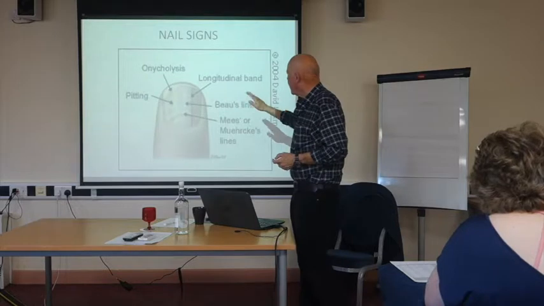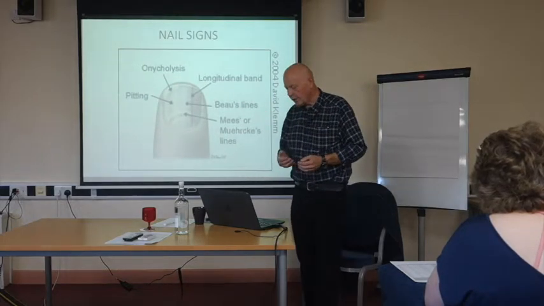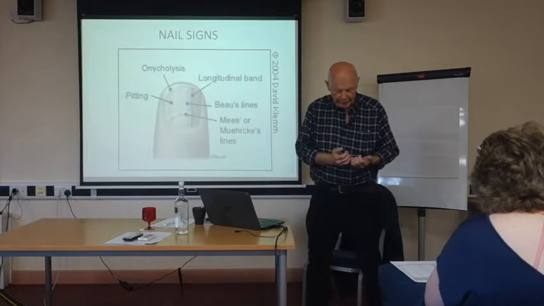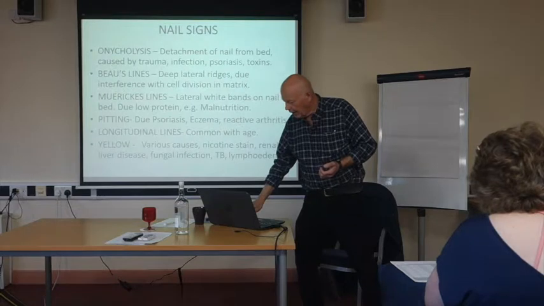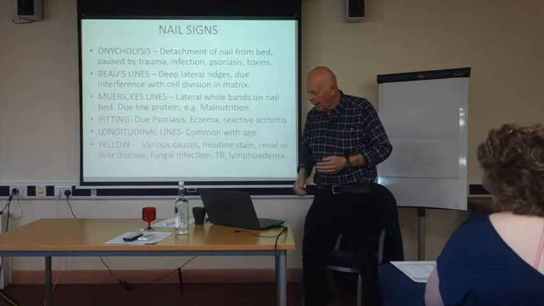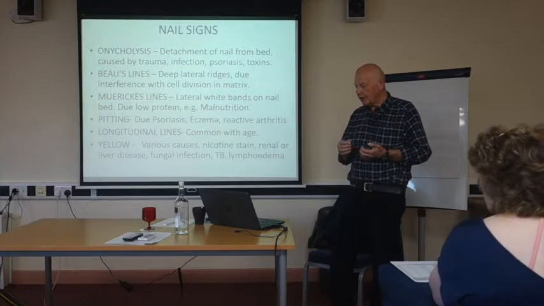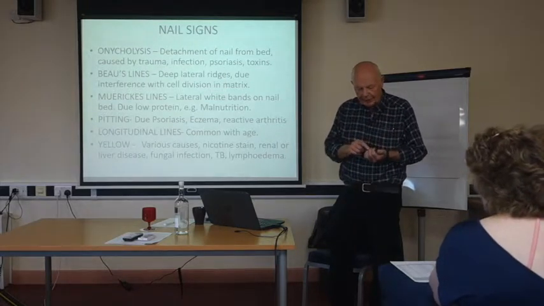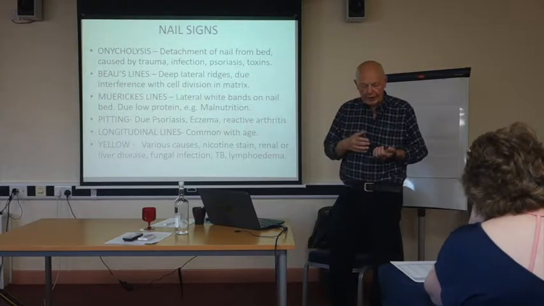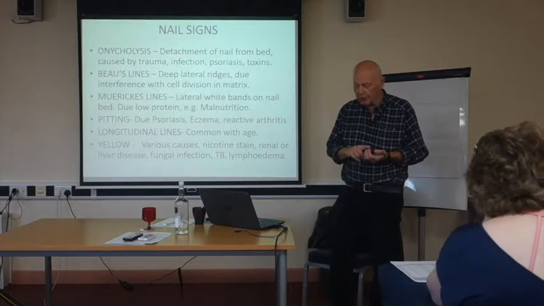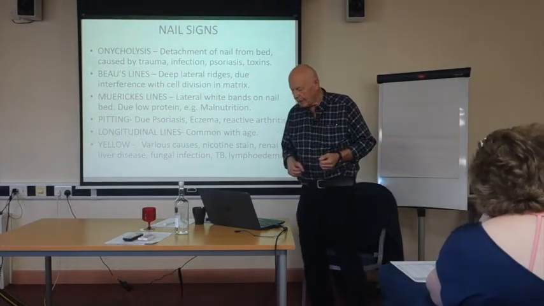Most of these are not signs of particular pathological problems, but they can be related to infection. They can be related to some defect in the way that the nail bed was formed, or they can be related to some kind of mineral or protein deficiency in the diet.